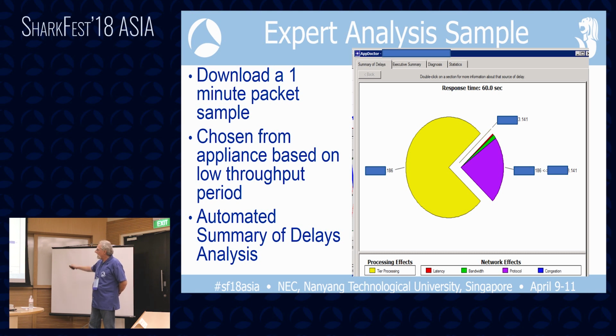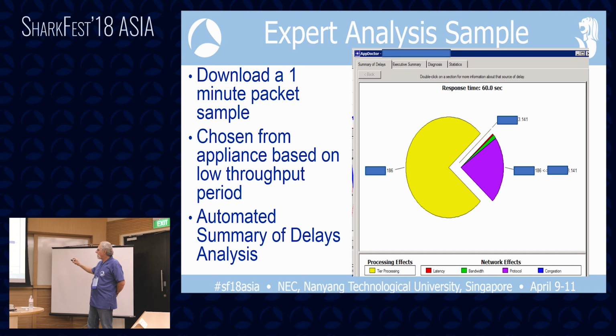So I downloaded a 1-minute packet sample from the appliance that had the packets in the Northwest, and ran it through some analytics just to see at a very high level what's causing the delay.